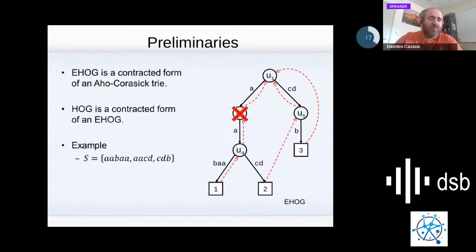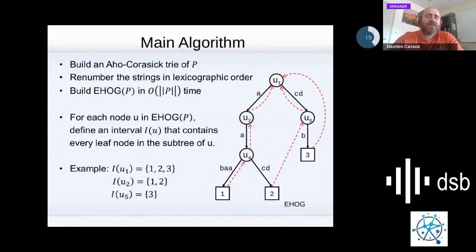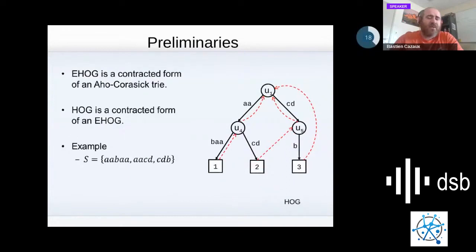If we remove it, we obtain the HOG here. And in fact, since the HOG and the EOG are both embedded in the hierarchical tree, we know that the number of nodes is less than the norm of P.